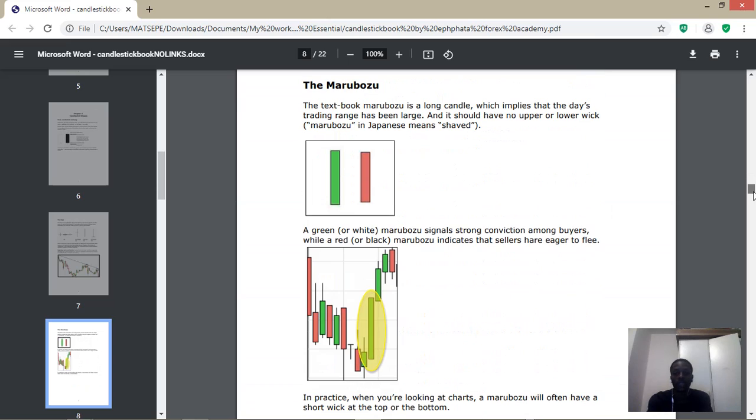Now we have the Marubozu candle. This candle is a shaped candle with no shadow, no tips, nothing.